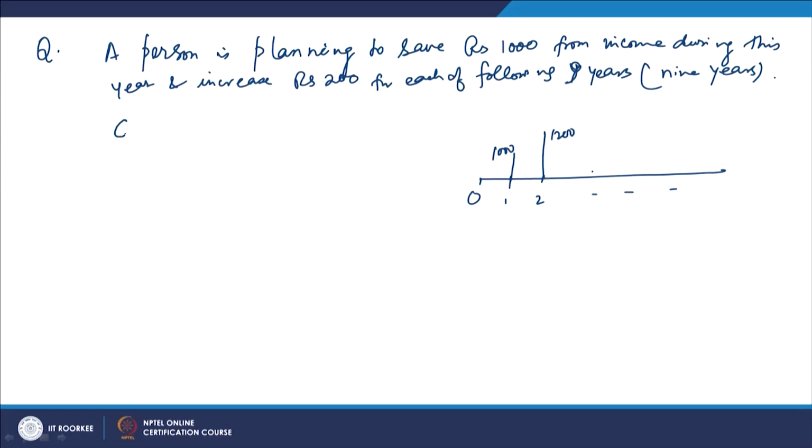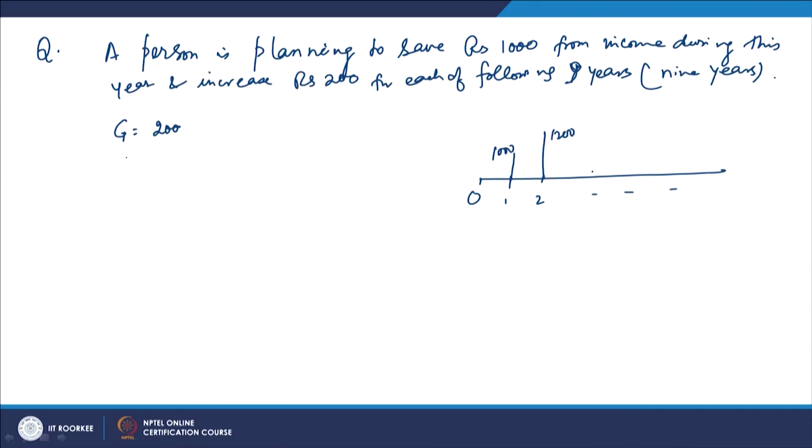It may go on like that, but ultimately we have to calculate how much will be accumulated in the end. For this, your G value is 200, so the increase of amount is 200.